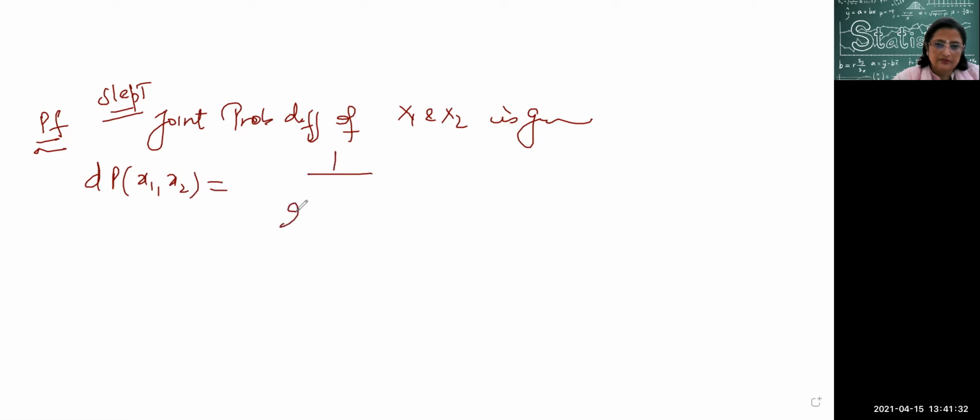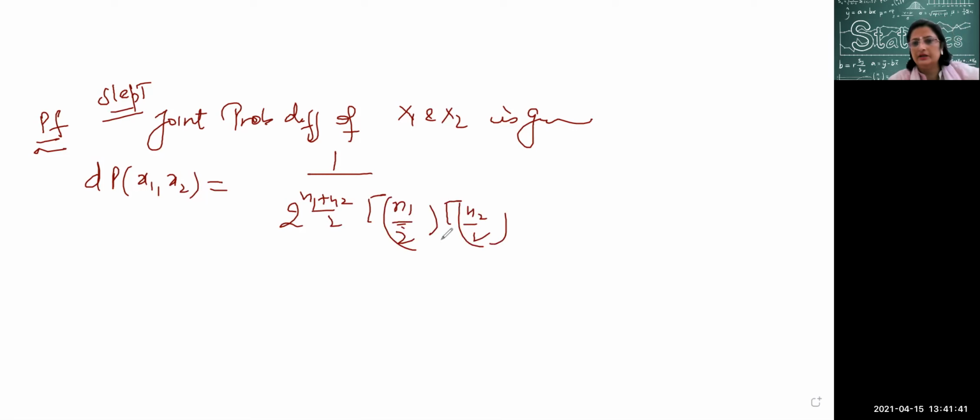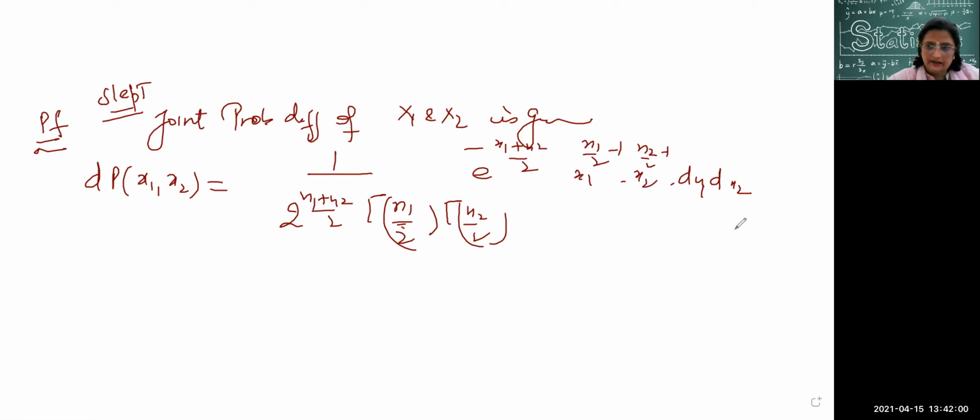That is 1 by 2 raised to power n1 plus n2 by 2, Γ n1 by 2, Γ n2 by 2. Okay, mistakenly I have written here Γ n1 plus n2 by 2, so you can rectify. It is Γ n1 by 2, Γ n2 by 2, e raised to power minus x1 plus x2 by 2, x1 raised to power n1 by 2 minus 1, x2 raised to power n2 by 2 minus 1 into dx1 dx2 with the limits 0 less than x1, x2 less than infinity.